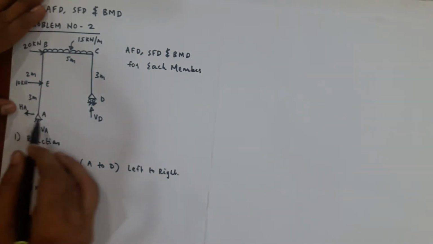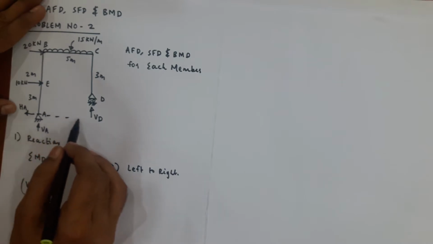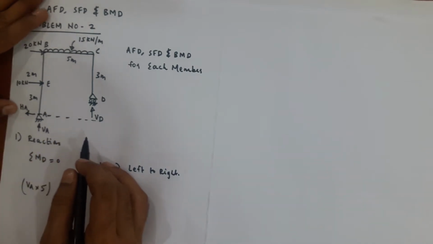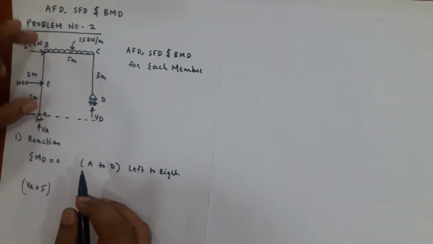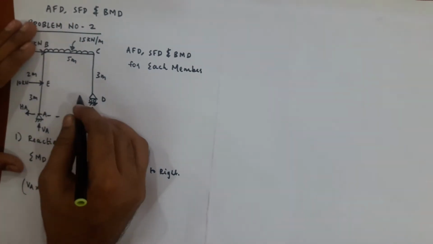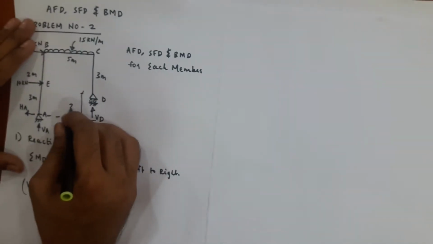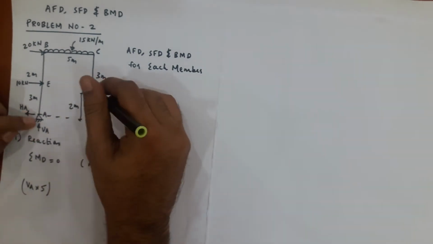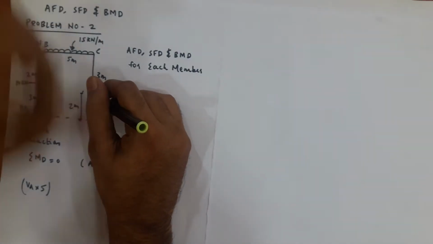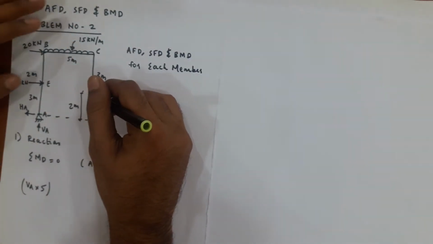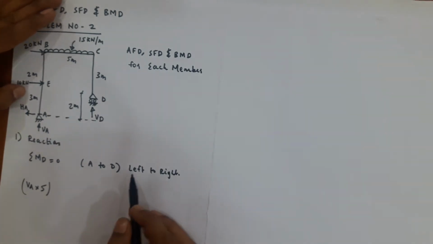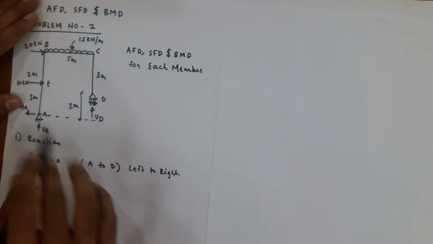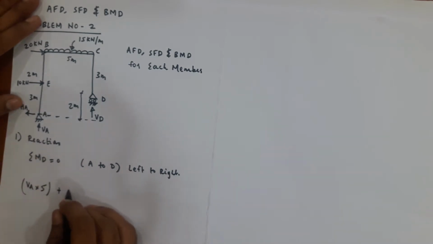Then we have this HA. The line of action of HA is here. The perpendicular distance, this is 5 meter, this is 3 meter, so this will be 2 meter. This is creating clockwise moment. We know from the sign convention that when we are following a direction from left to right, clockwise moment will be positive and anti-clockwise moment will be negative.